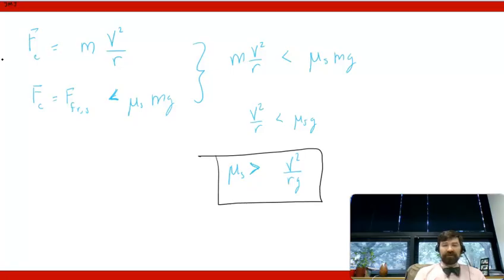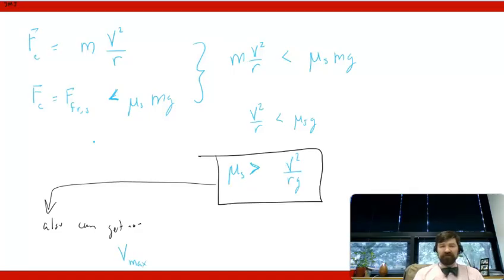You can also rearrange to get the other possible things you might want to solve for. You could solve for a radius, you could solve for a speed. g is kind of set because we're assuming that this is on Earth, but you could rearrange to get that the maximum speed that you're allowed to have going around the curve is equal to the square root of mu, that is the coefficient of static friction, times the radius of curvature for the curve times g.